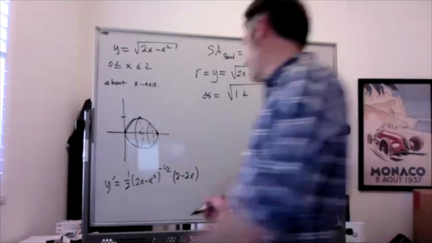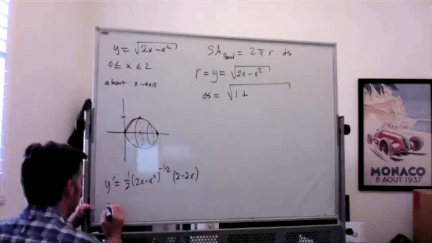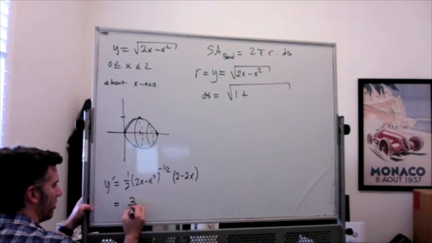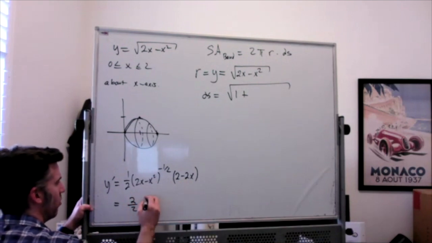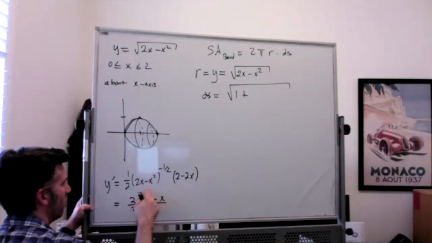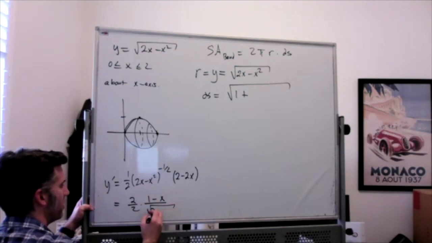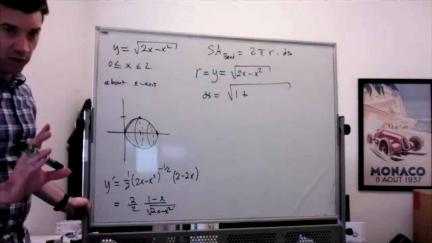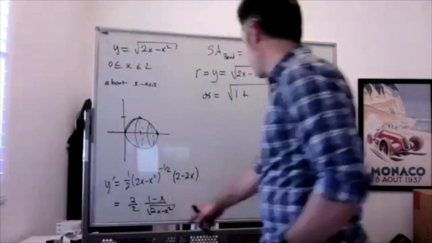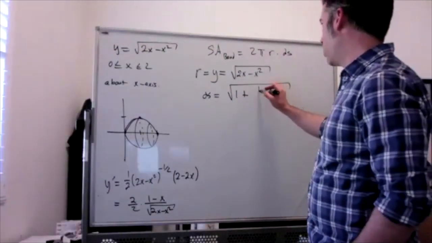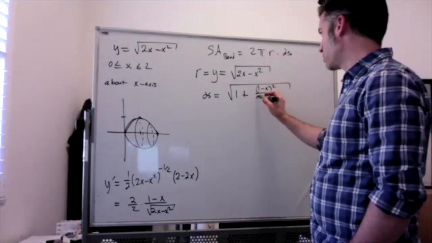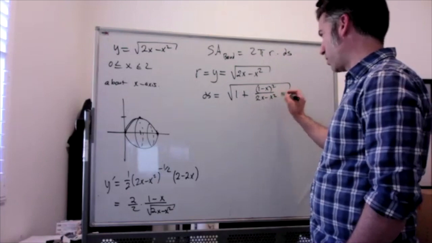Let's do a little bit of simplifying before I square that. So this is equal to, I can factor out a 2 here. So I've got 2 over, oh, those cancel, times 1 minus x over the square root of 2x minus x squared. Hopefully everyone's okay with that. And so then squaring that, I'm going to get 1 minus x squared over 2x minus x squared.